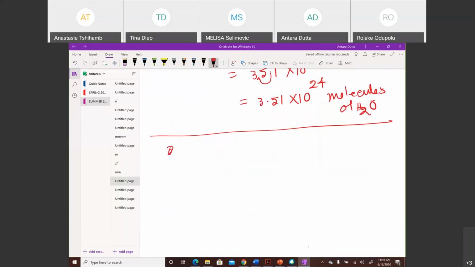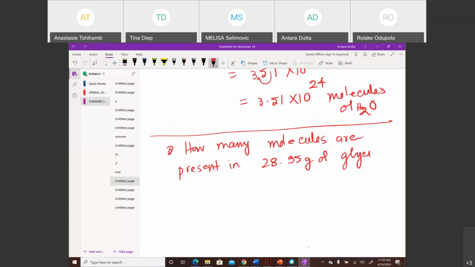So how many molecules are present in 28.35 grams of glycine? See, you are given grams, you have to find the molecules.